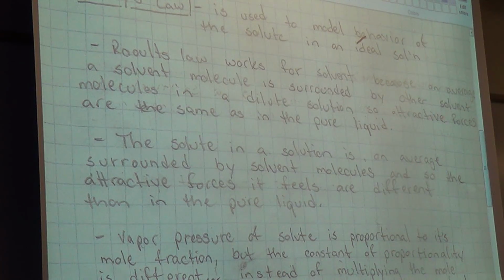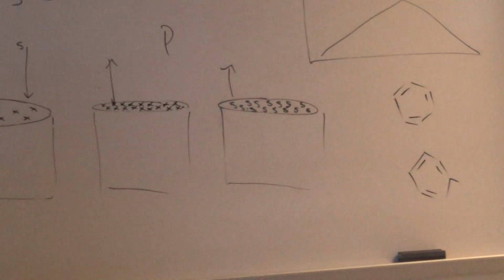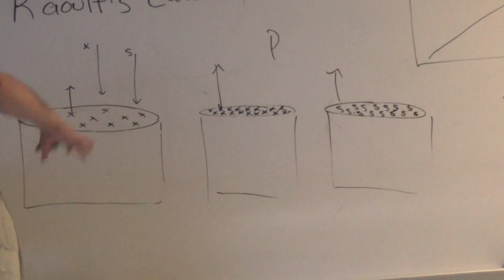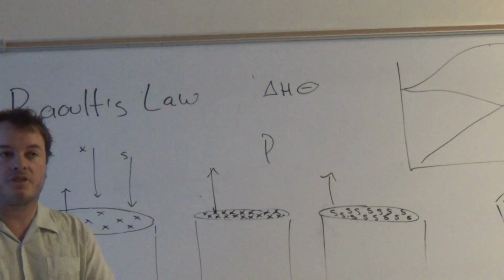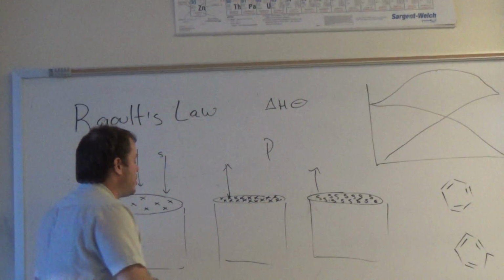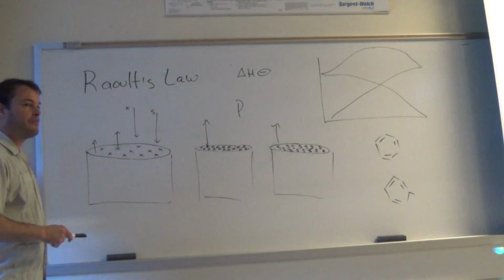When you have pure solute, all of these guys are surrounded by other solute molecules, and so there'll be some particular pressure, and that pressure is a function of how tightly those solute molecules are held to the surface of the solution. And they're held to the surface of that solution by other solute molecules.